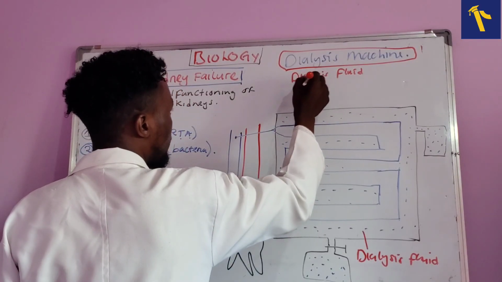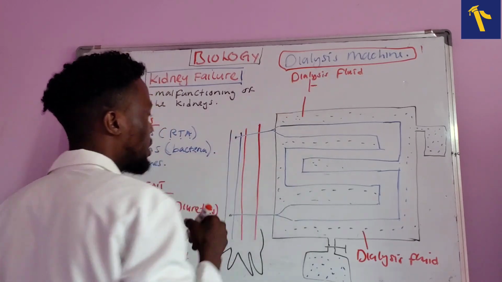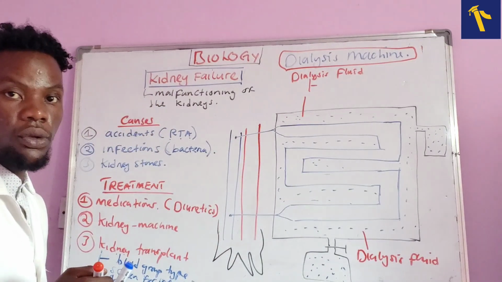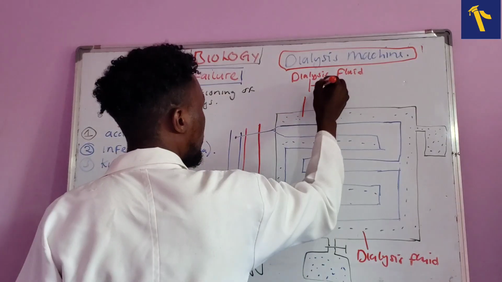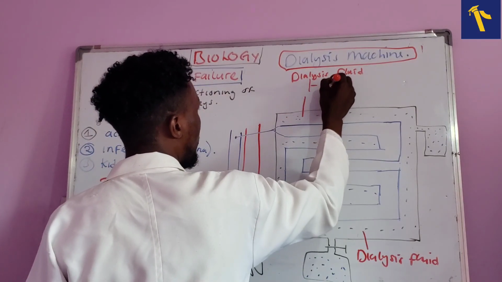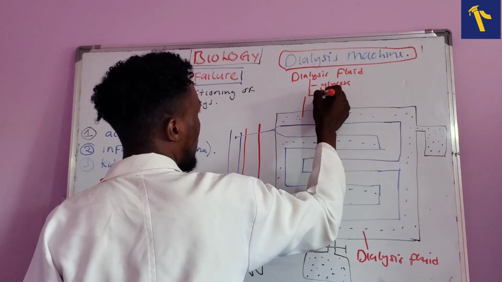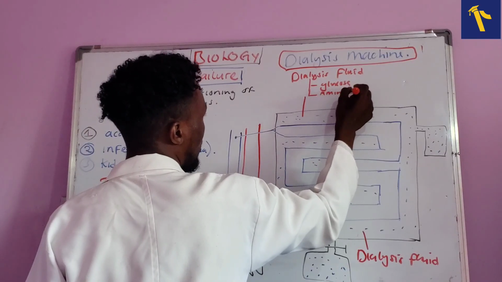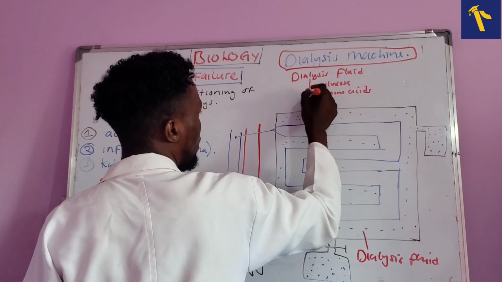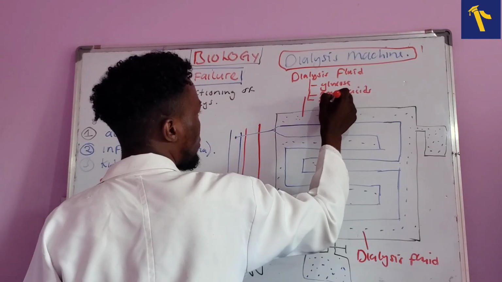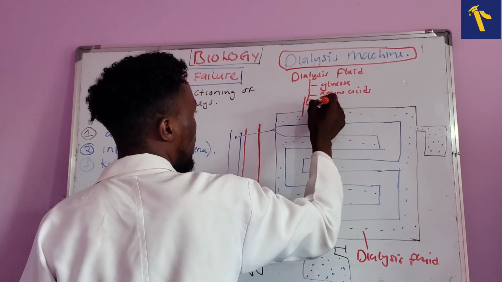The first important one is glucose. You can find amino acids. You can find salts. You can find water.